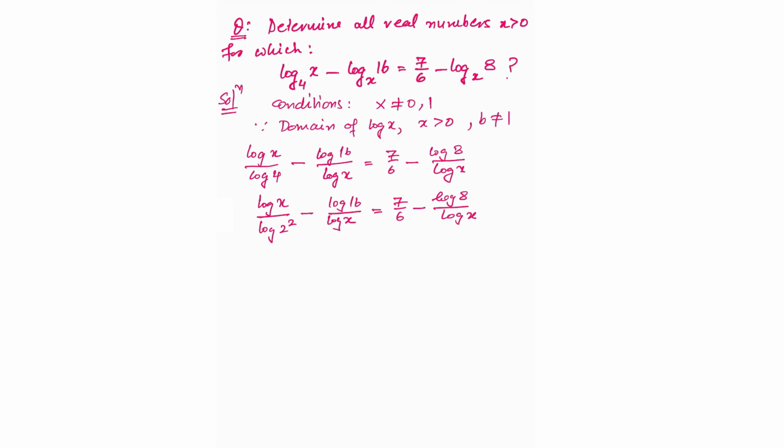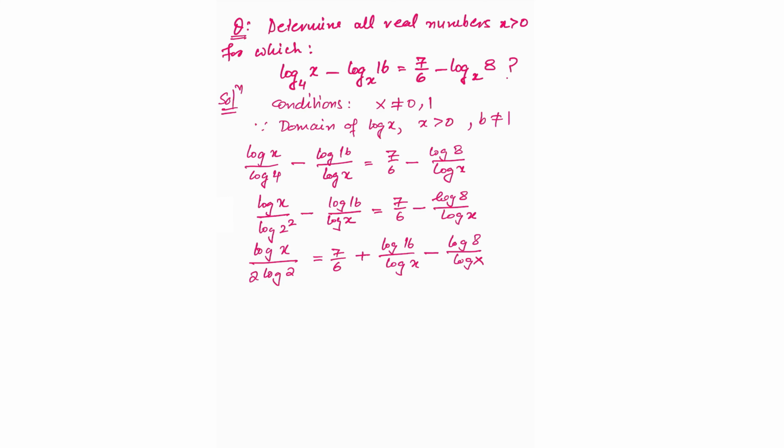So the first one is log x over 2 log 2, equal to 7 over 6, and then this term is moved to the other side and changes to plus: log 16 over log x, minus log 8 over log x.